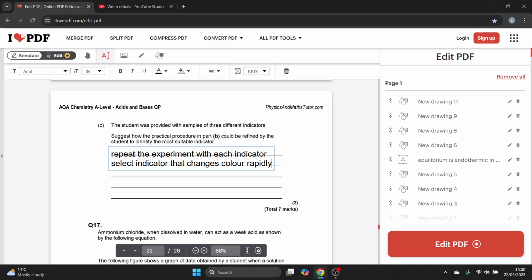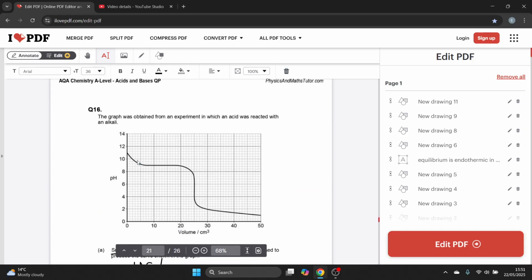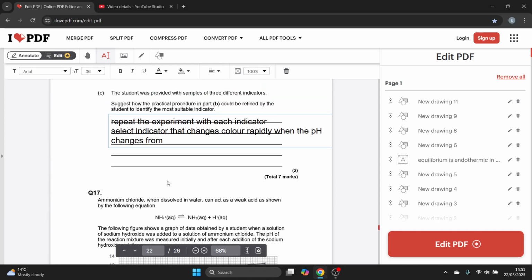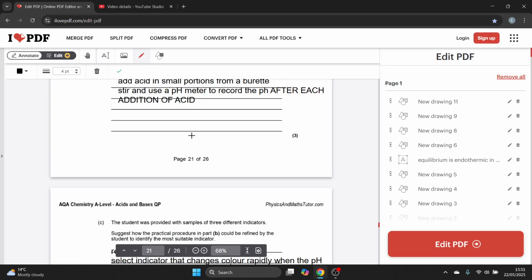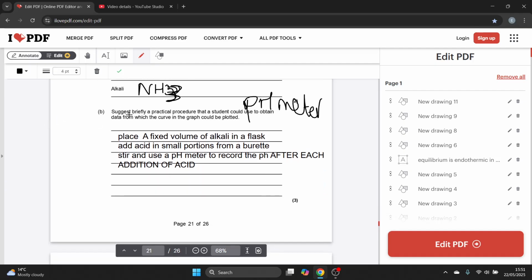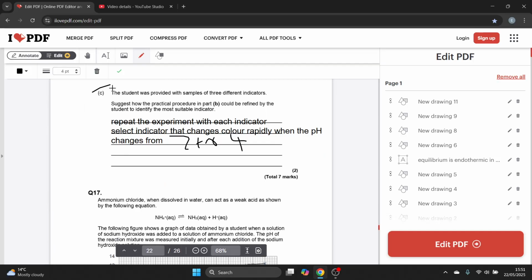Any of them can change color, but it has to change rapidly within the vertical part of the curve, when the pH changes from 7 to 4. Yeah, from 7 to 4. Questions like these, memorize them, man. This one definitely, and this one again, can easily be repeated.